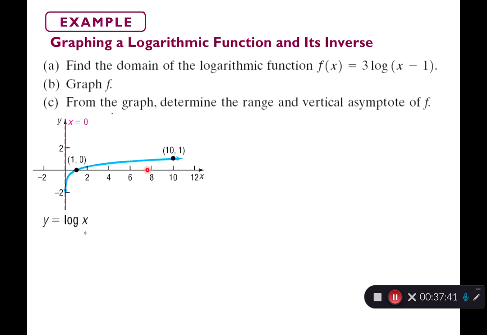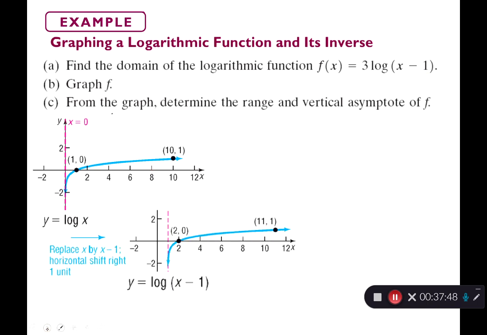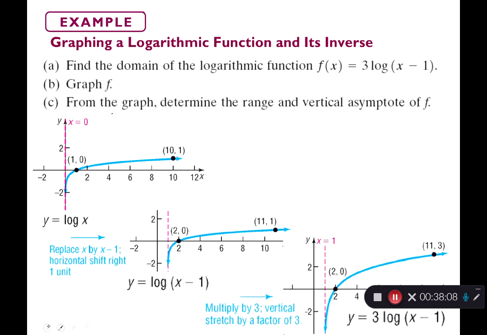Now what's going to happen when I put my -1 in? It moves it 1 to the right. And notice it moves everything 1 to the right. So my asymptote goes from x equals 0 to x equals 1. And then when I multiply by 3, it is indeed a vertical stretch.